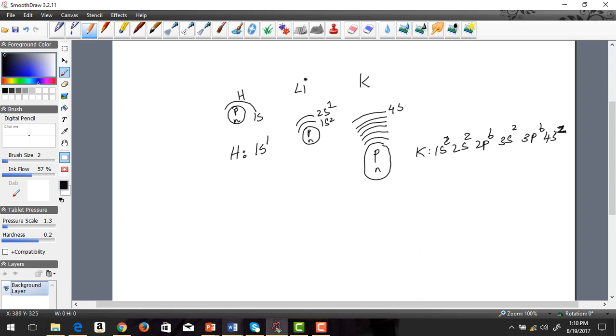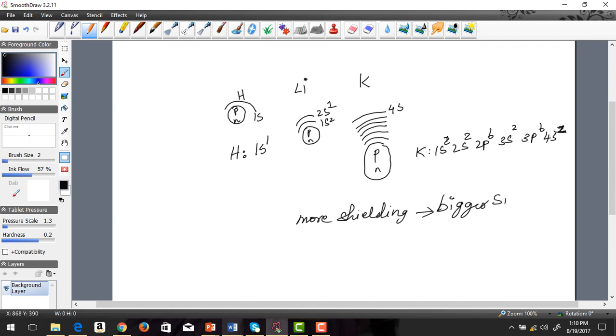You see, they all have the s1 in common, but there is an extra whole orbital between the nucleus, and so this s electron is shielded further from the nucleus than this electron, which is almost on top of the nucleus. This is only a little bit further. So the more shielding there is, the bigger the size. That makes sense, right?